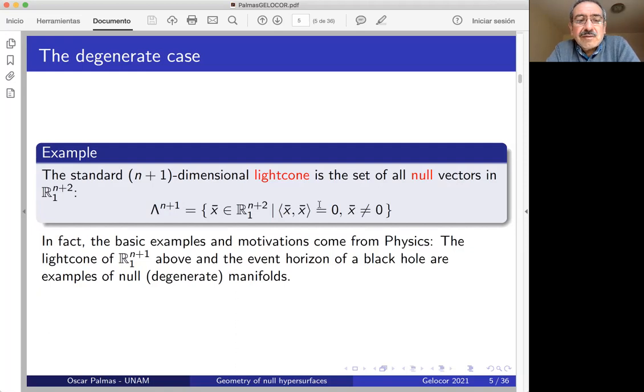And as this example suggests, this kind of degenerate case is motivated somehow by physics. For example, some kinds of horizons are examples of null manifolds or degenerate manifolds. So it is important to study these kinds of things, and we study them from the geometric point of view.